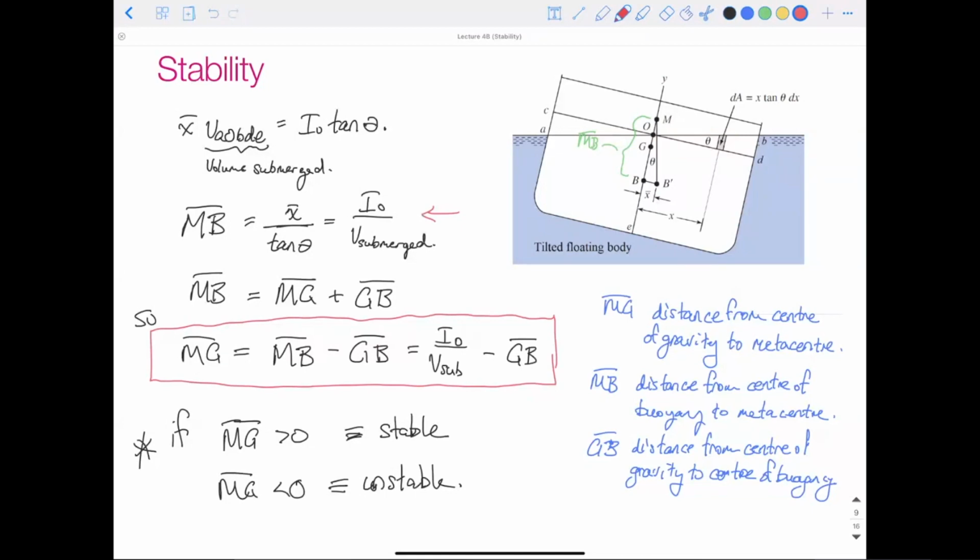And then we also said the distance from the metacenter to the center of buoyancy in this next equation here is also equal to the distances mg plus gb, which are these two line segments here, mg and gb.